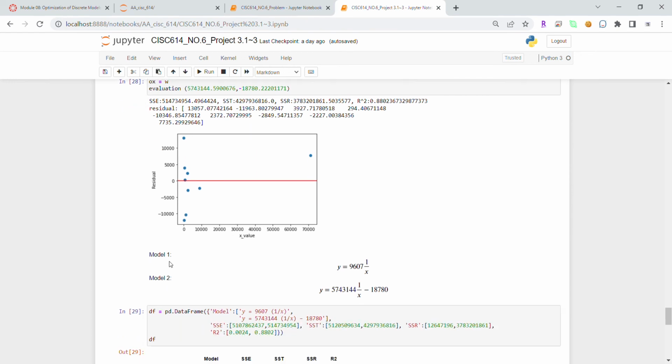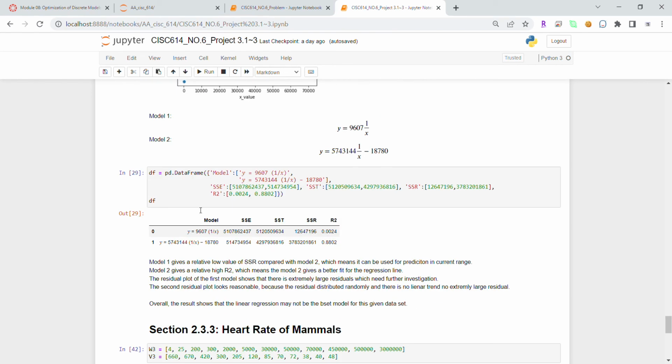So here is the result. The model 1 is our basic model, and the model 2 is the refinement model. So here is the comparison of the basic model and the refinement model.